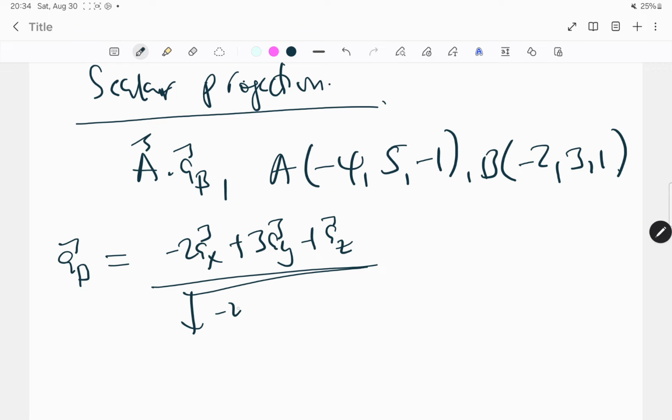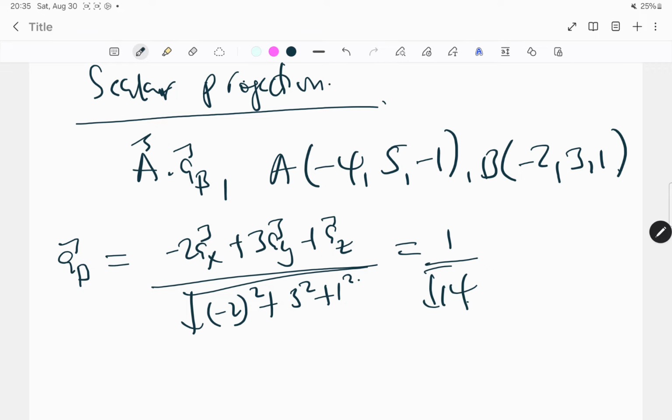That will be the square root of minus 2 squared plus 3 squared plus 1 squared. 2 squared will be 4, 4 plus 9 will be 13, plus 1, meaning root 14 here.